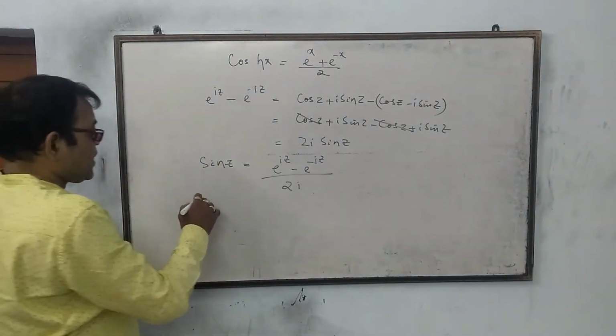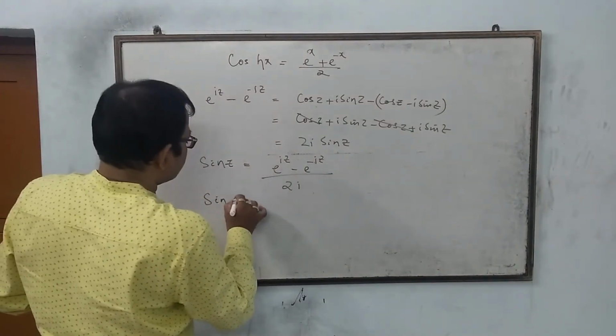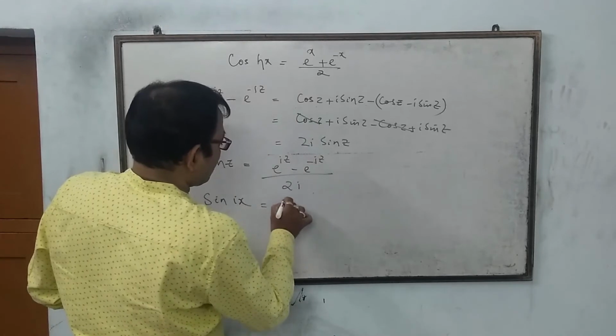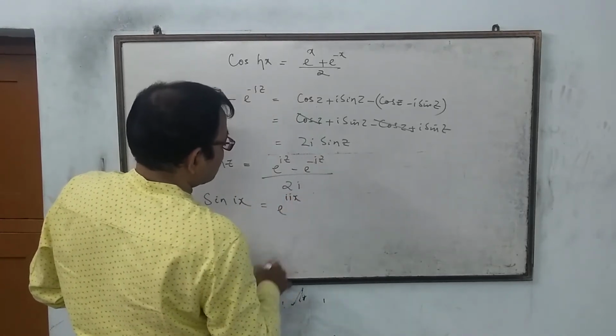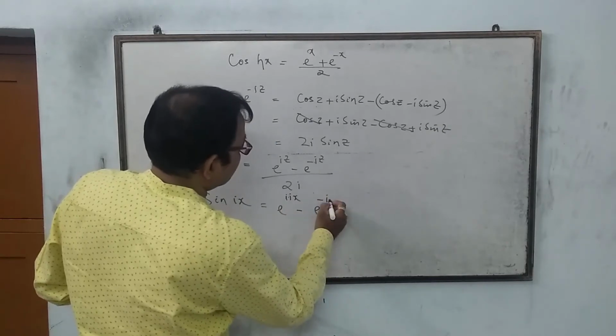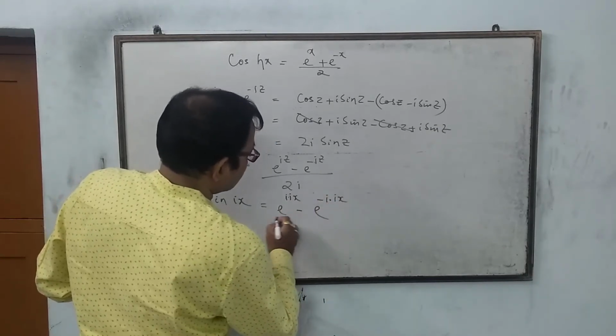If I replace z with ix, then this would be e to the power of i into ix minus e to the power minus i into ix upon 2i.